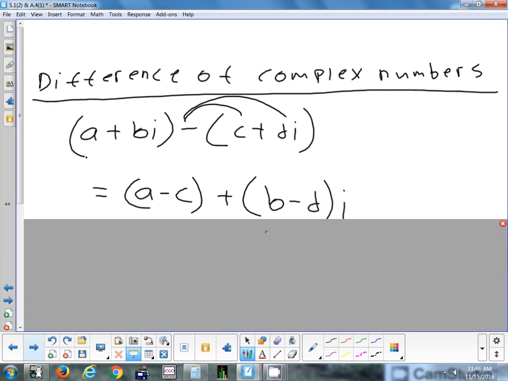And what you have to remember, that sometimes people forget, is it's A minus C, so the minus gets distributed to the C, and it's B minus D. So the minus also gets distributed to the D. Both the C and the D are subtracted. That's a pretty common mistake. People forget to subtract both.